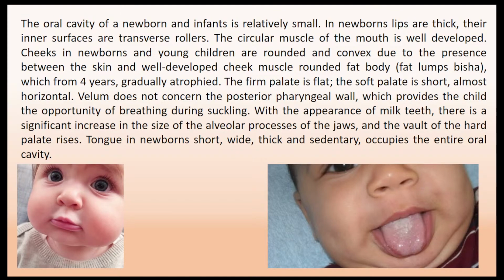Cheeks in newborns and young children are rounded and convex due to the presence, between the skin and the well-developed cheek muscles, of a surrounding fat body, the fat lump of Bichat, which gradually atrophies from 4 years.